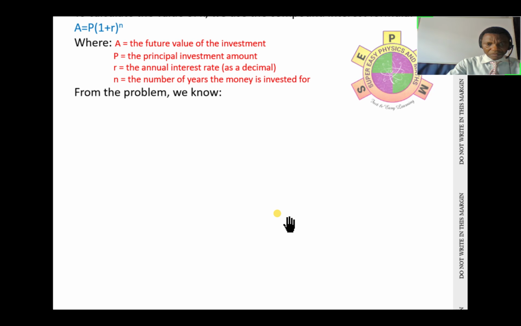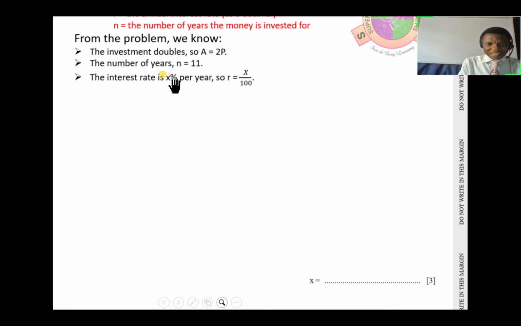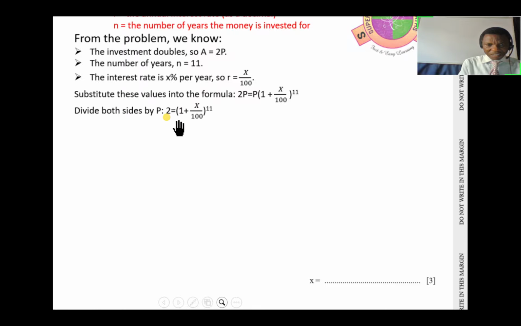So if we use it to solve, we are given the condition that the amount doubled after 11 years. So the number of years is 11, and the rate is x%, so that is x over 100. Substituting into the formula, A, which is 2P, is equal to P into (1 + x/100) all raised to power n, which is the number of years.